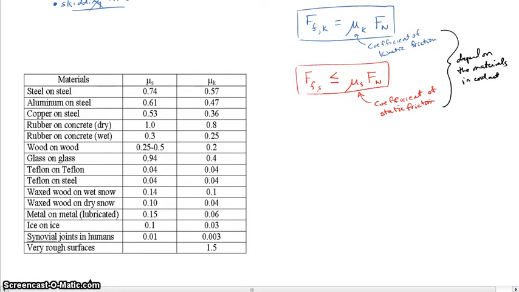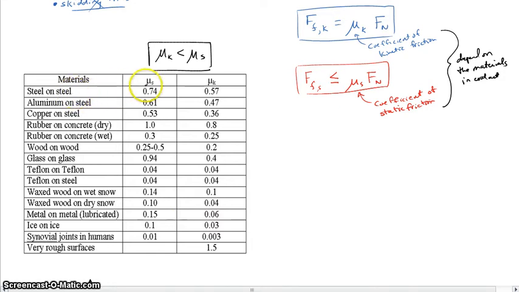Look up in a chart like the one I've got right here, the one we saw in class, and you would look at the two materials in contact and see what the static friction is and what the kinetic friction is. And what you'll notice here is that for, I think, everything, the kinetic friction coefficient is less than the static friction coefficient. That is to say, it's harder to get something moving than it is to keep it moving, right?